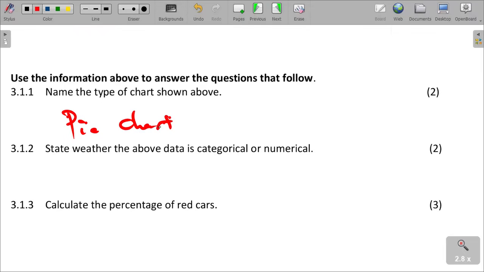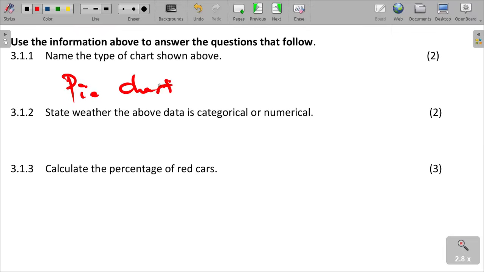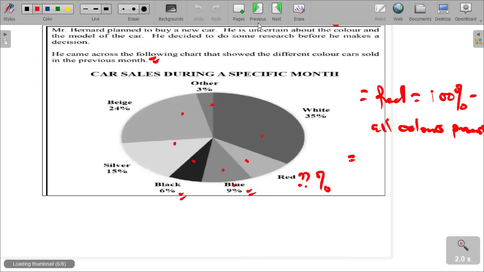Then state whether the above data is categorical or numerical. When we look at the data given here, is it categorical or numerical? We need to identify the type of data.